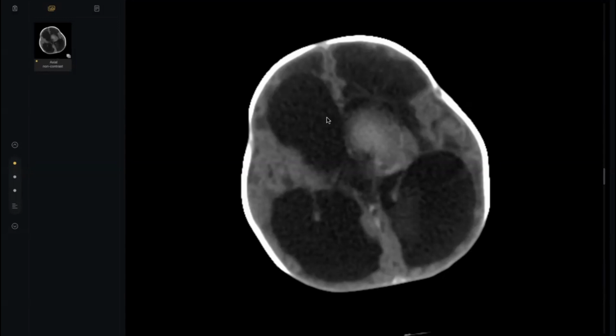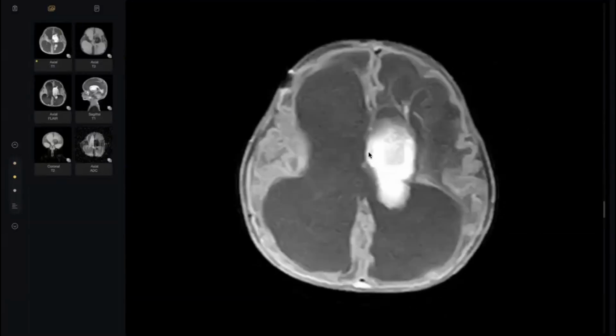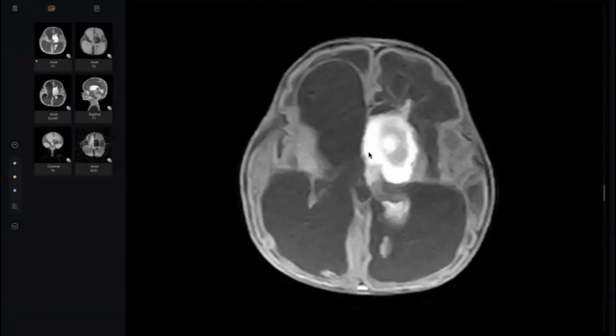Sir, can I see other sequences? Are these post-contrast images? No. Then what is next? MRI. I would want to see post-contrast CT images or MRI images. Yes, this is MRI.